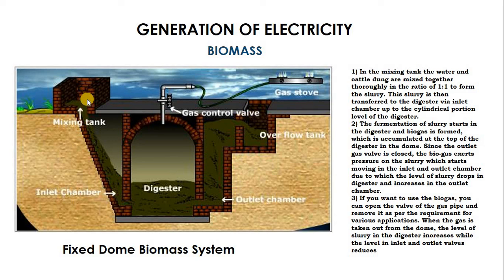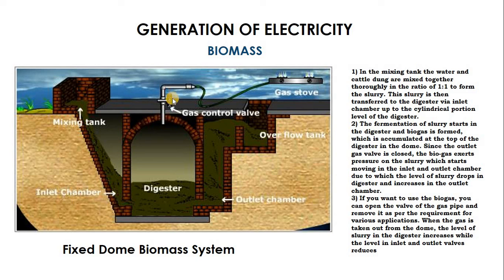Water is mixed with the biomass, let's say cow dung, and then it is sent down here into the digester. Now when it's sent here, it is left in the digester and it begins to decompose. Now the decomposition process produces gas, and the gas is accumulated up here.